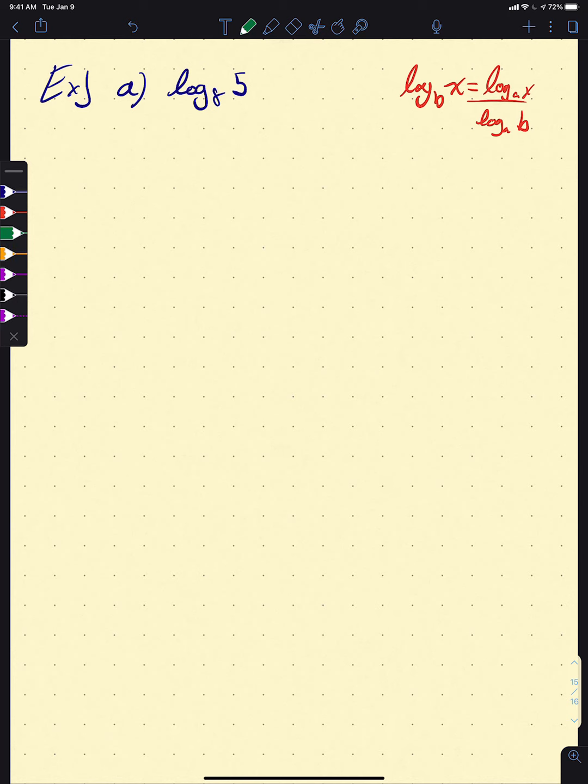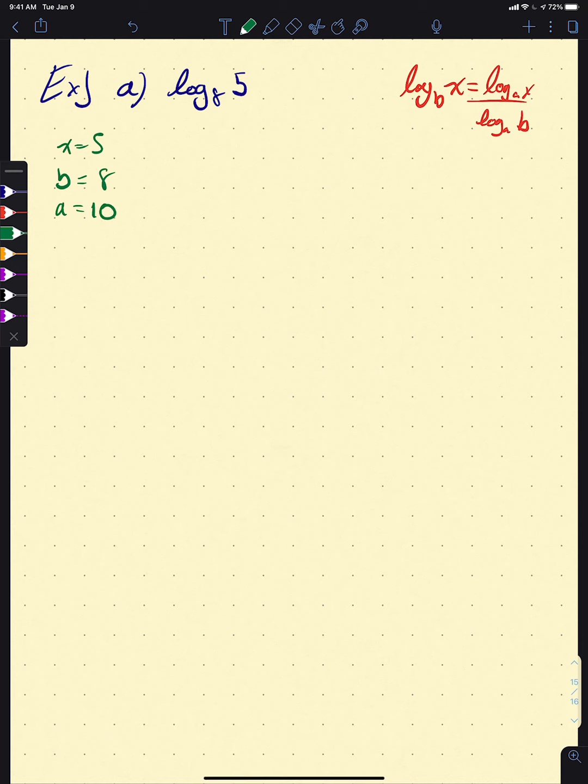In this situation, x is equal to 5, and our base in the original one is equal to 8. And our new base a, well, what do I want our new base to be? We could go e, or we could go 10. It's up to us. Let's start with 10.